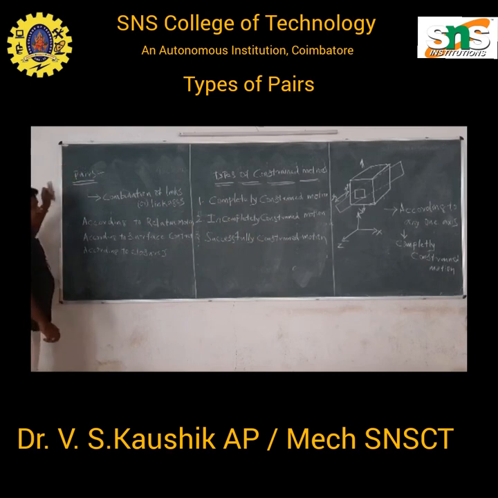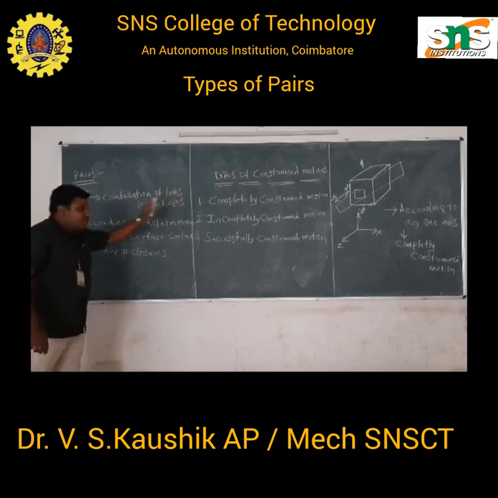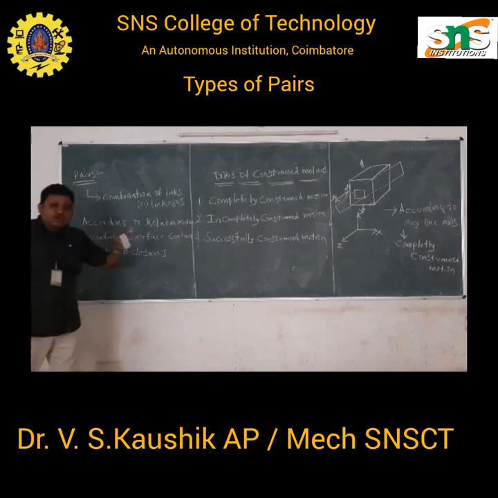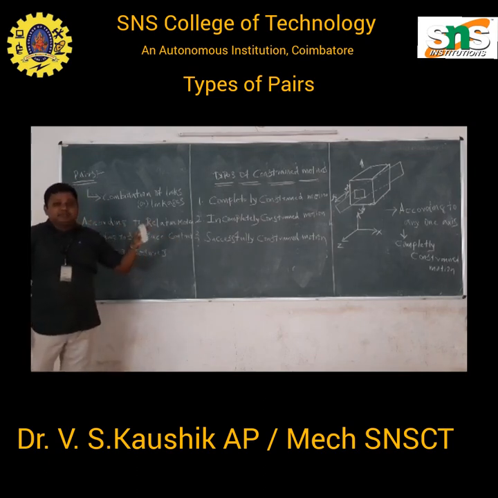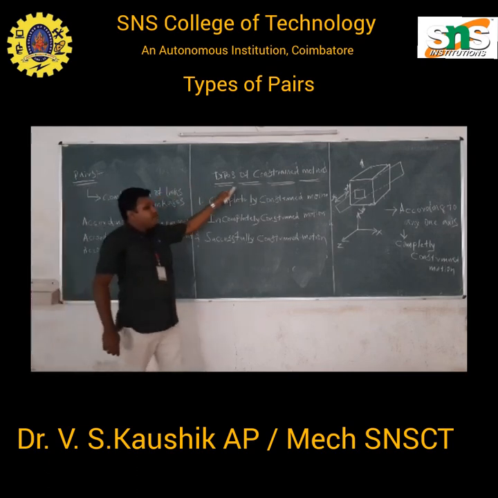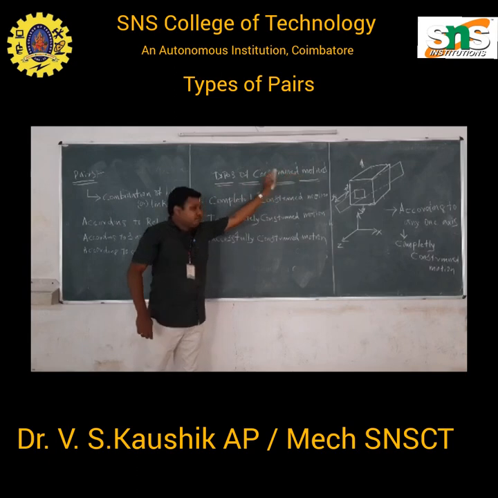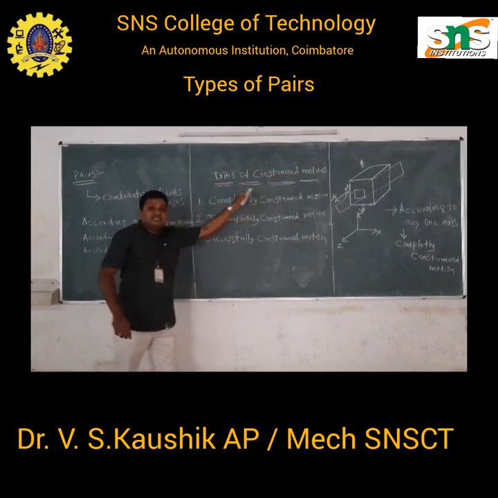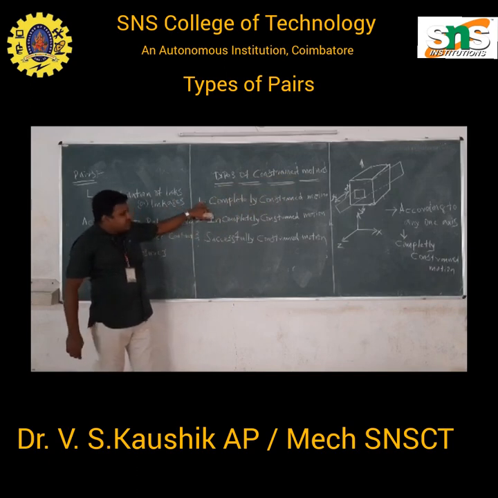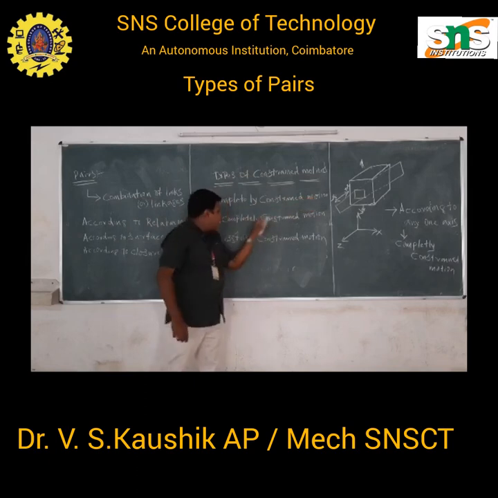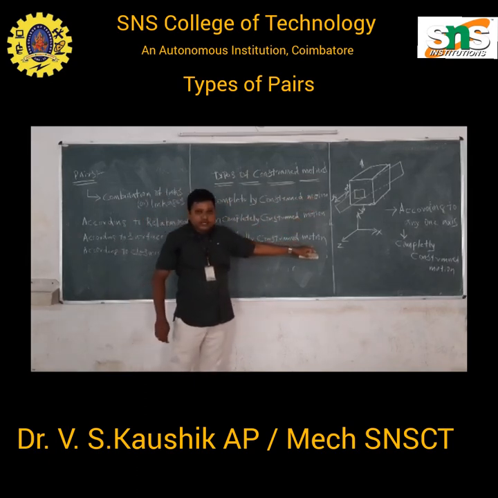Now, do you understand what pairs are? Pairs are nothing but a combination of linkages. In pairs, there are types of movements or motions, which are termed constrained motions. Under this, there are three headings: completely constrained motion, incompletely constrained motion, and successfully constrained motion.